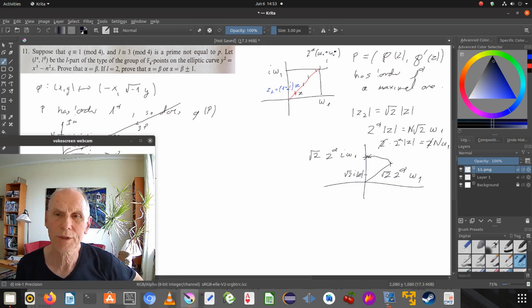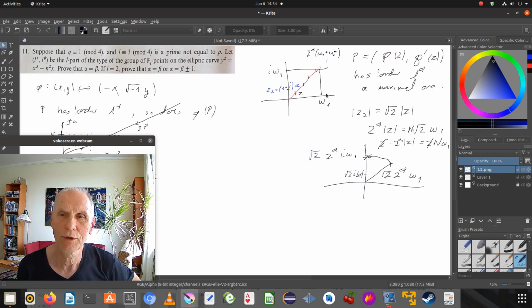But is it possible that this guy hits a lower one than this? If these go out, say they have order 4, 1, 2, 3, 4, and then we go up here, take the sum, they may have half the order.